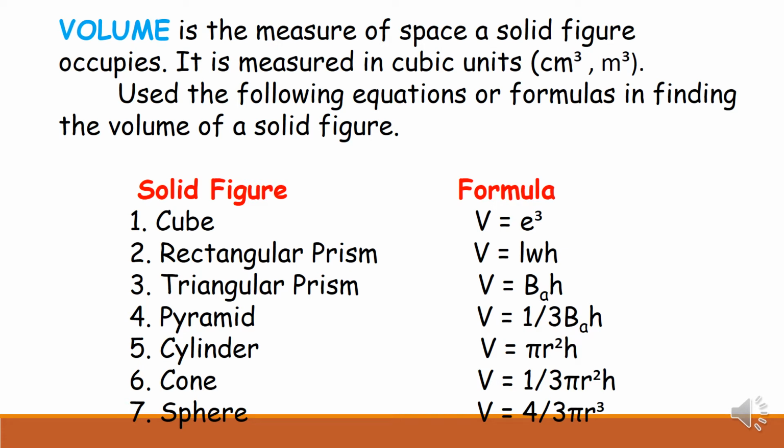We have the cylinder: pi r squared times height is the formula for the volume. For the cone, volume is equal to 1/3 times pi times r squared times height. And the last one, the sphere, is equal to 4/3 times pi times radius cubed.